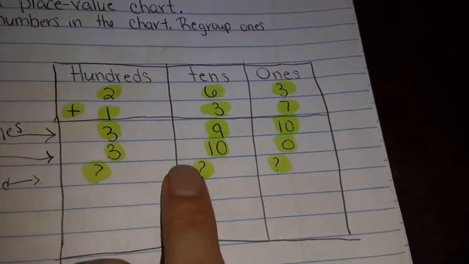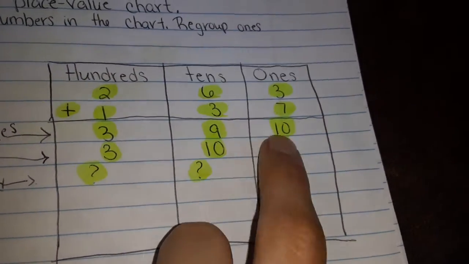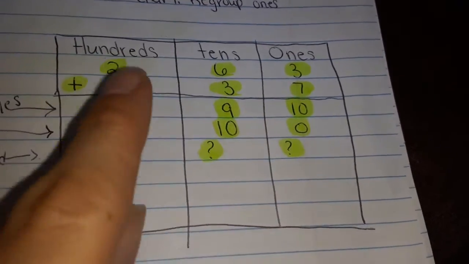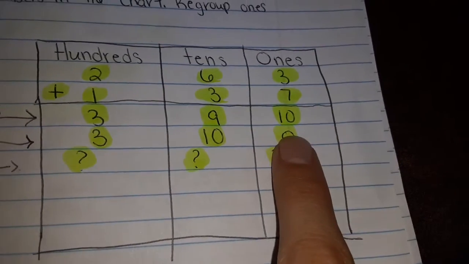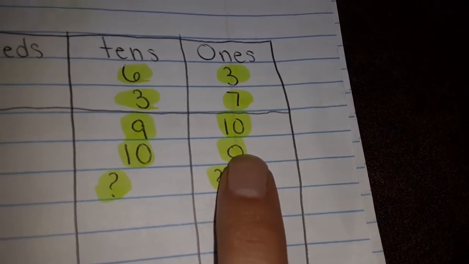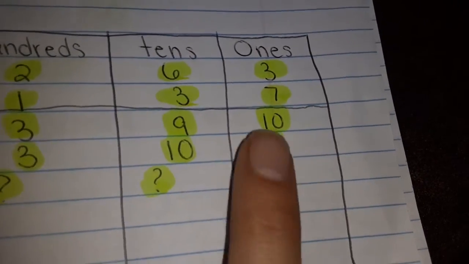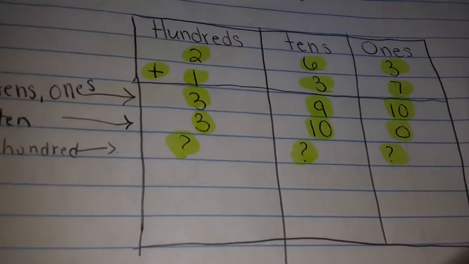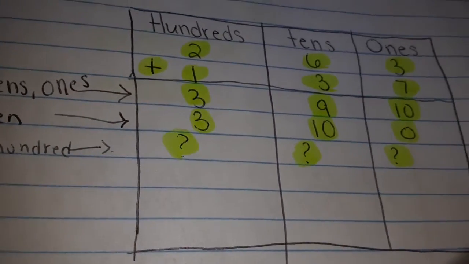Now, you know that anytime you have a 10, we're normally going to bring the 1 over and leave the 0 by itself. So that's where this 0 comes from. And the 10 comes from bringing the 1 over and adding it to 9. And the 3 comes from pulling the 3 down.